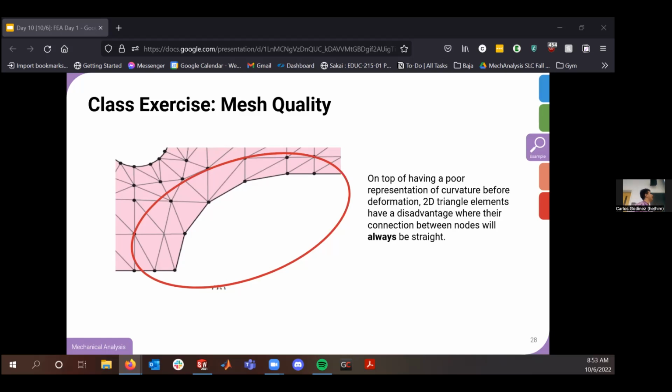Meaning that if you have a really rough, jagged edge corner here and you're deforming that, I would be very doubtful about the values of stress it says are going to happen in these areas, because it's maybe deforming way too much or way too little. These connections can only move straight, and it doesn't have a good representation of the curvature.